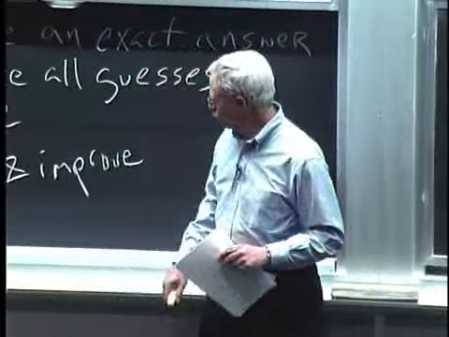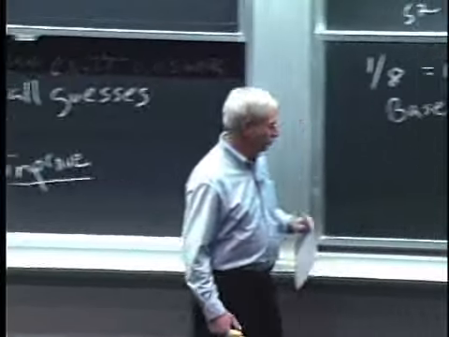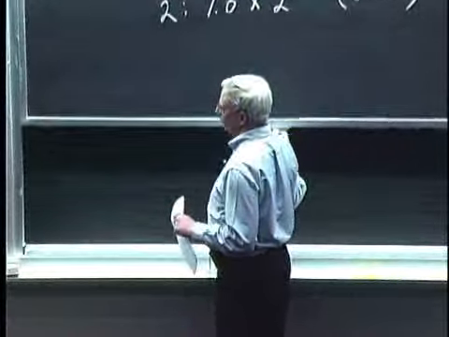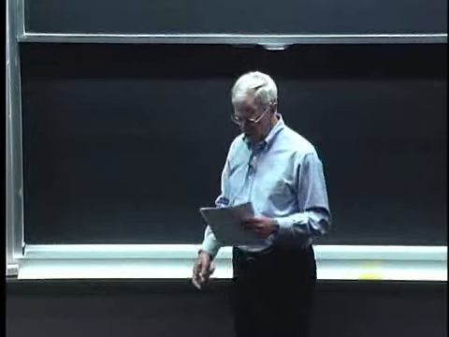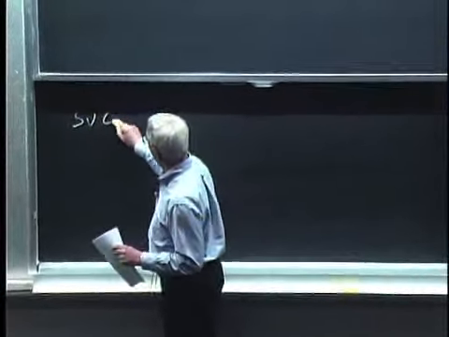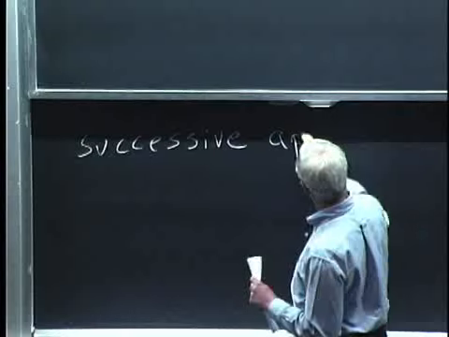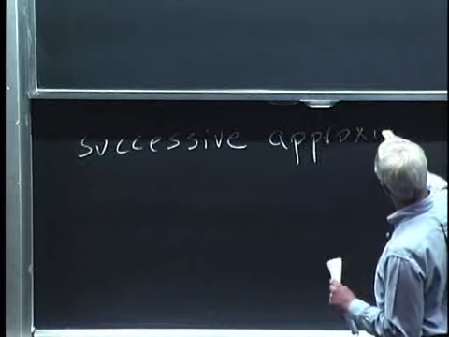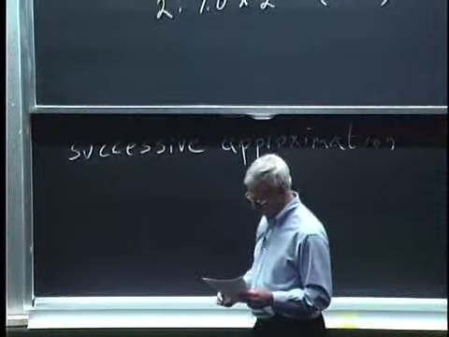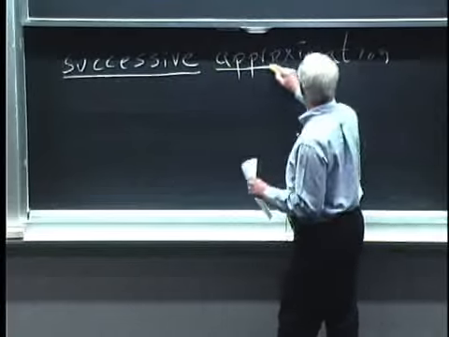Now, we're going to find a way to do the enumeration where we have good reason to believe, at least with high probability, that each guess is better than the previous guess. This is what's called successive approximation.